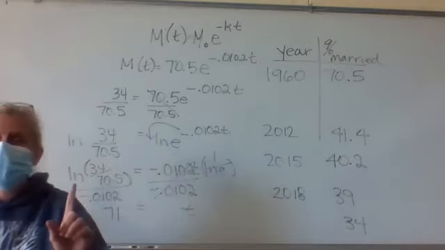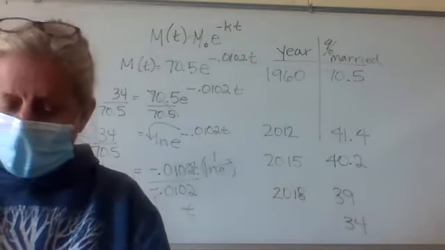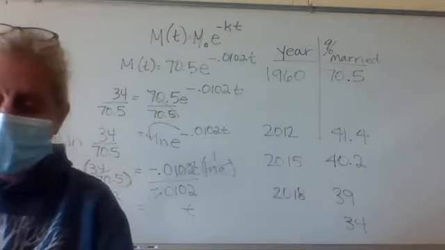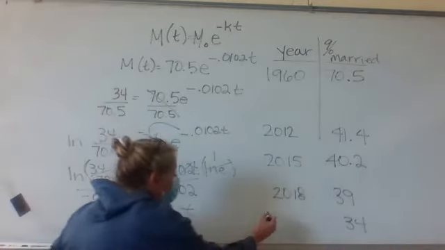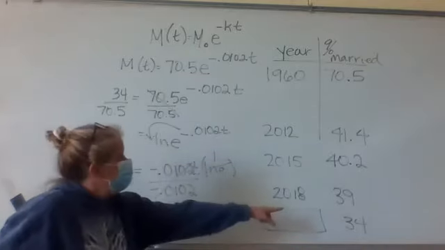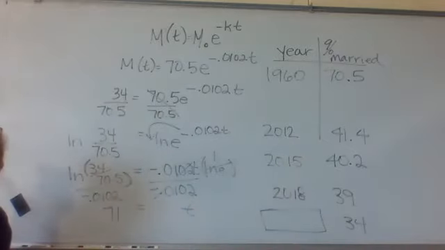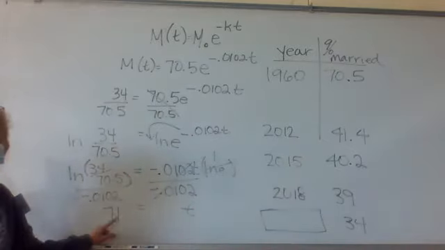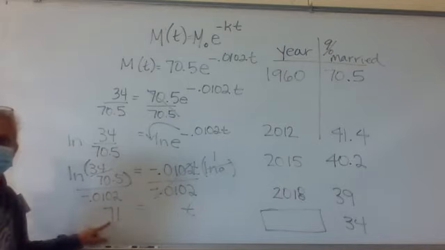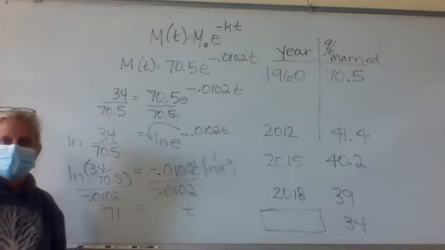71. Now, be careful of this question. What is it asking you for? At this decay rate, in which year? It wants to know, what is this year? Will 34% be married? Well, it's not the year 71. What does the T stand for? The number of years it took to get to 34%.